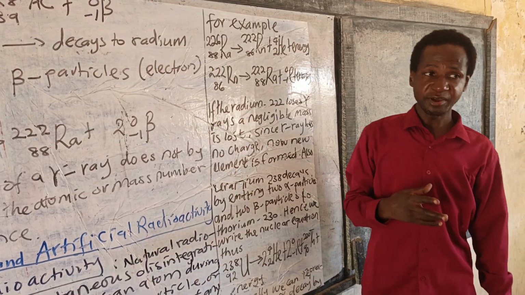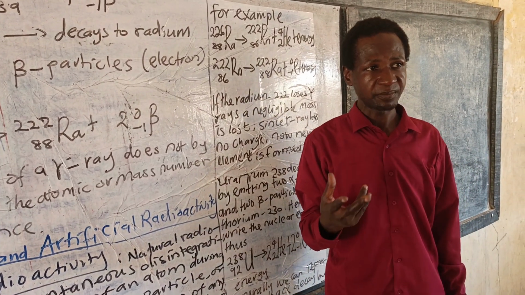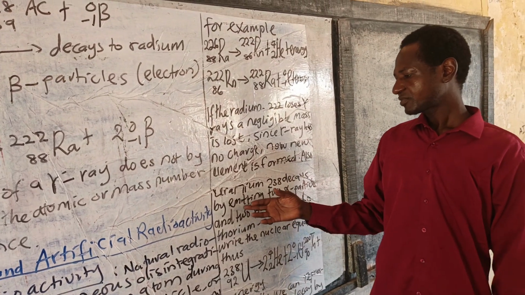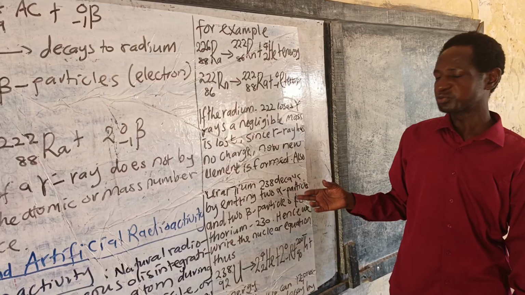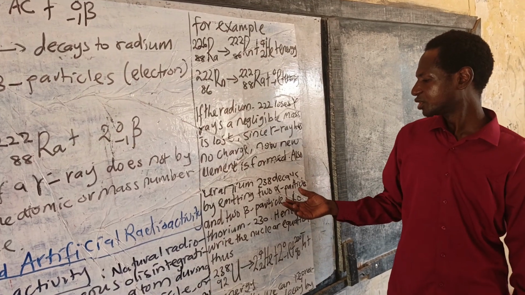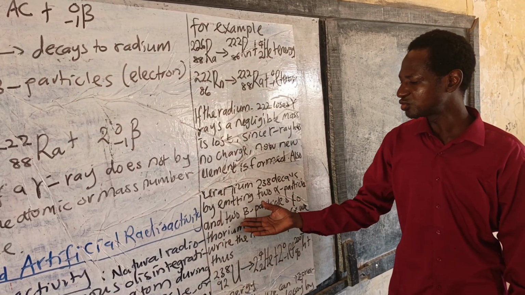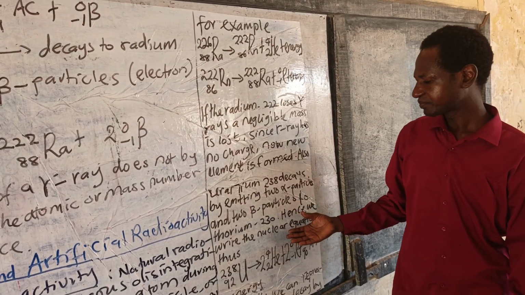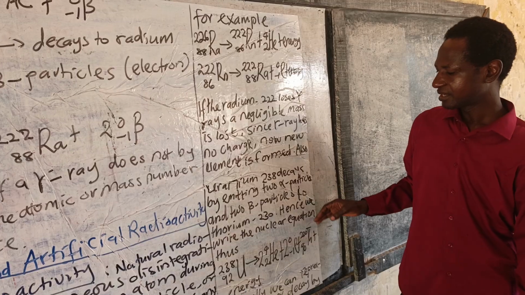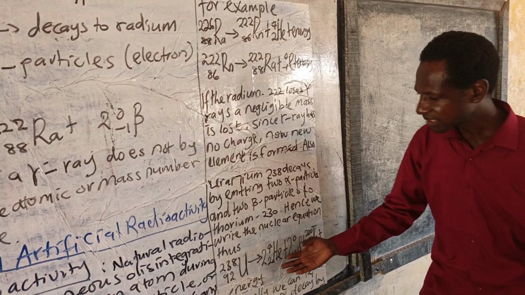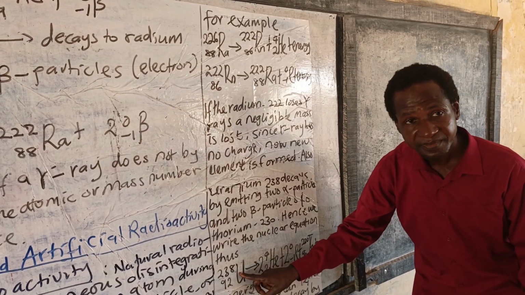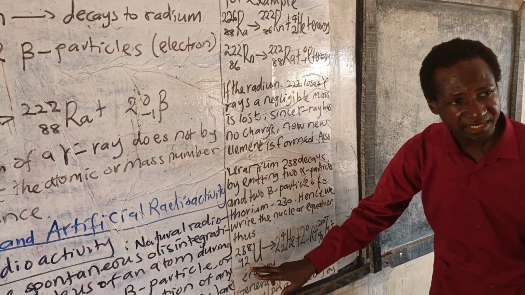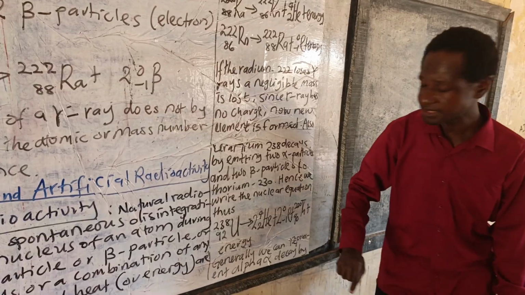Also the uranium atom. When the uranium atom decays by emitting two alpha particles and two beta particles, it becomes thorium plus energy. The equation is this. This is uranium, which has atomic number 92 and mass number 238.